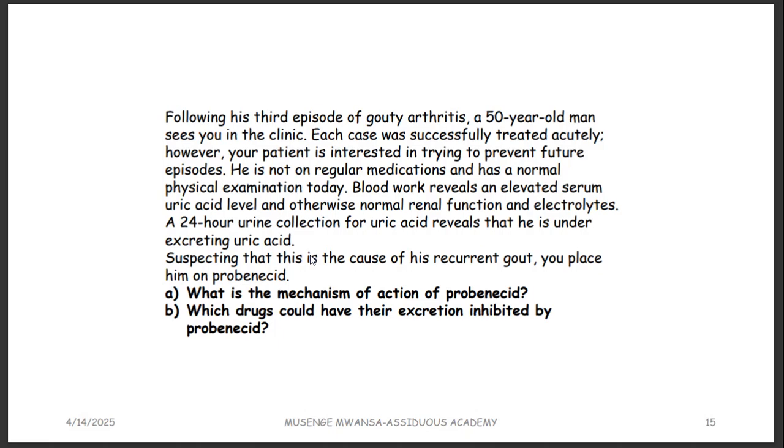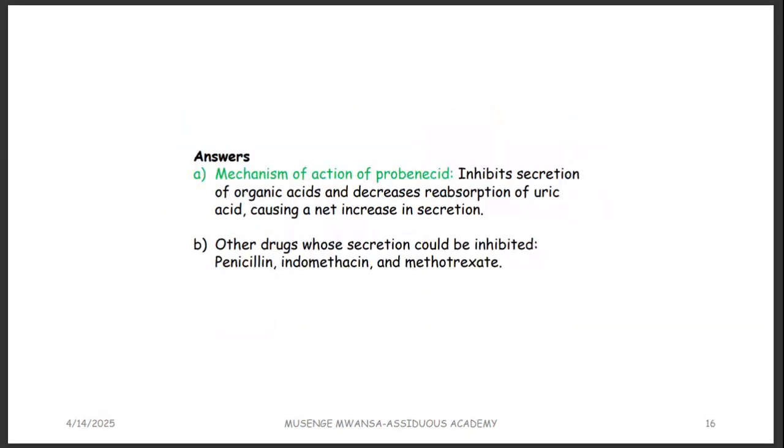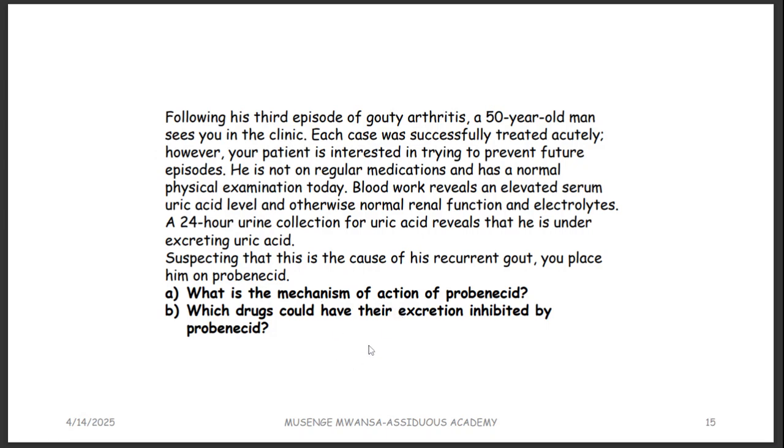So part two is asking which drugs could have their excretion inhibited by probenecid. Other drugs whose secretion could be inhibited include penicillin, indomethacin, methotrexate. So when you give probenecid, the only thing is that you are stopping the reabsorption.